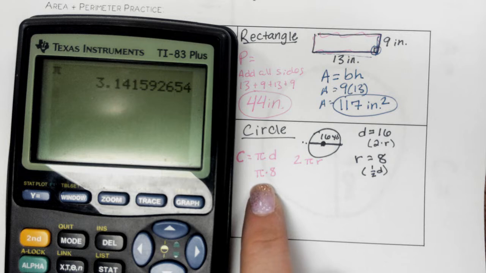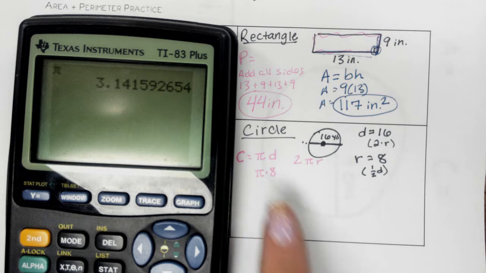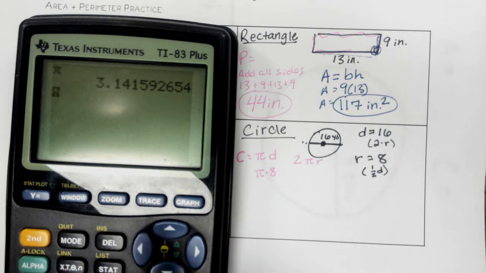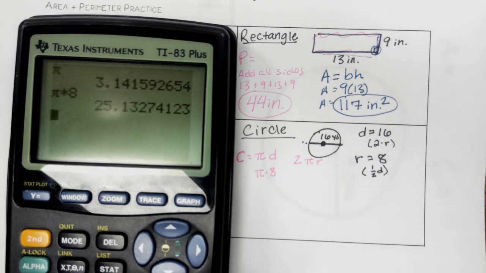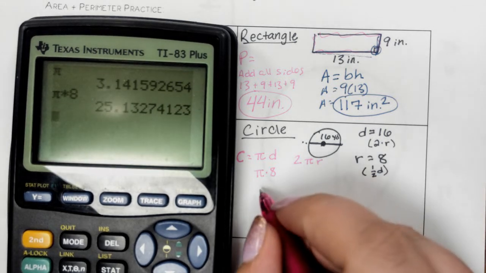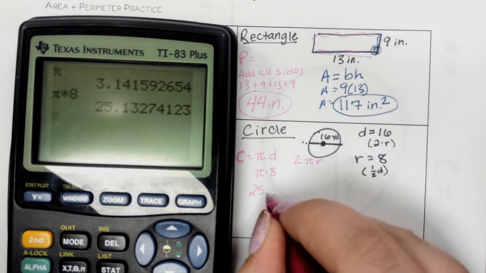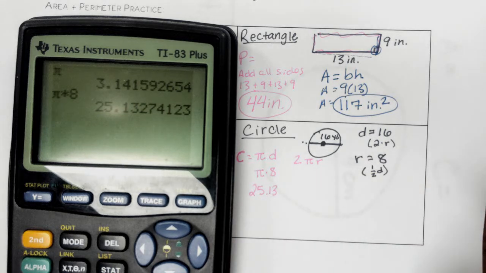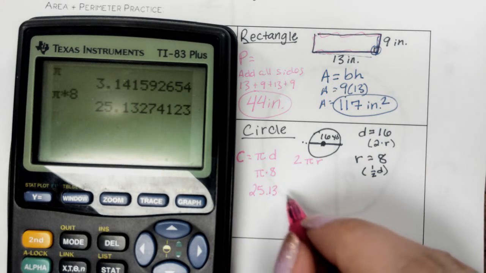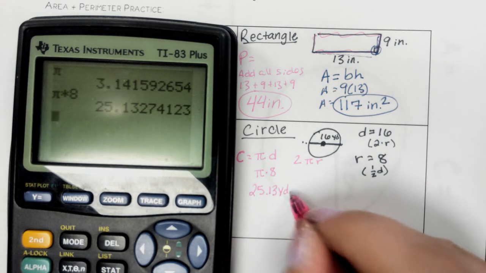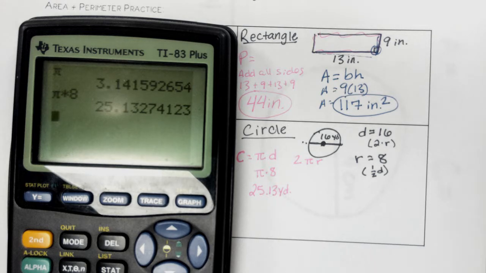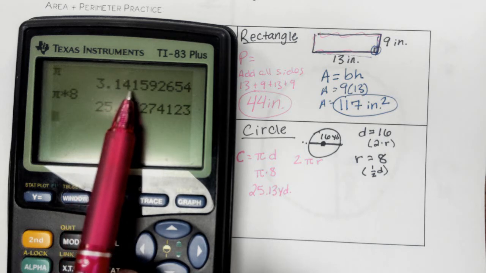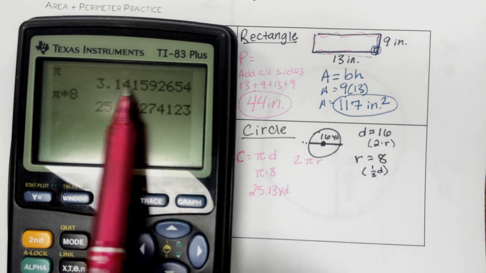So since I'm not saying to use pi as 3.14, in my calculator I'll have pi times 8 when I'm finding the circumference here. And that gets us 25.13, and that would be yards. Some of you might not think there's a difference between using 3.14 and using the pi button. What I notice here is that there's a lot of other digits behind that 3.14.